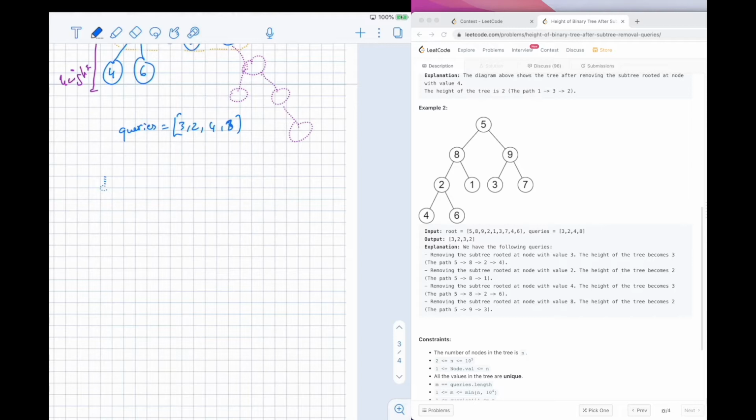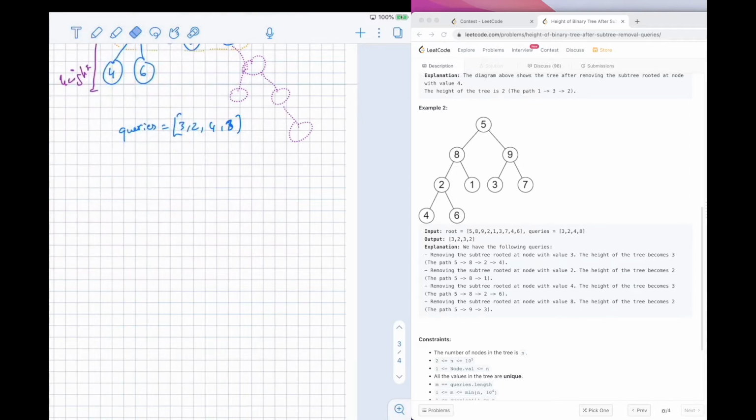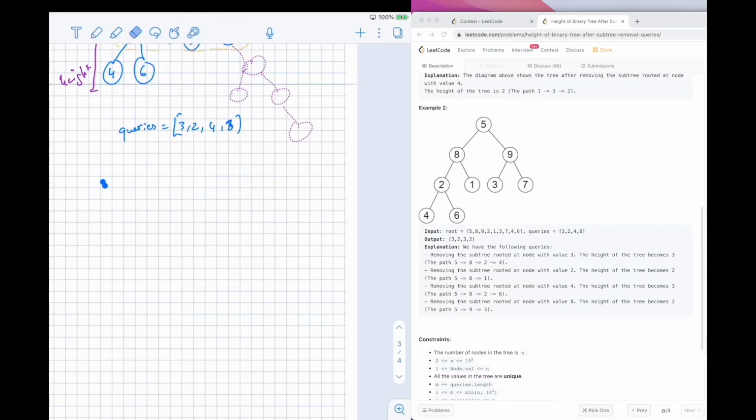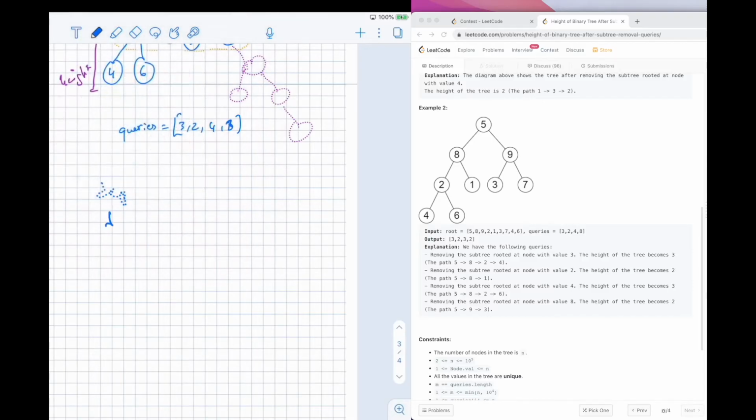So we need the depth map. This should be basically the node as a key and then the depth as a value.